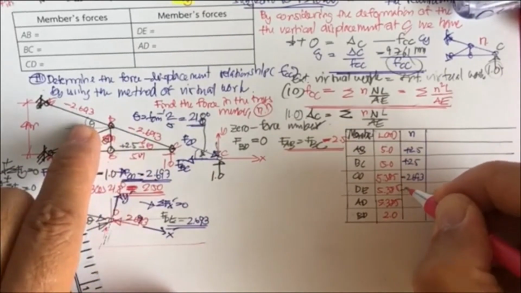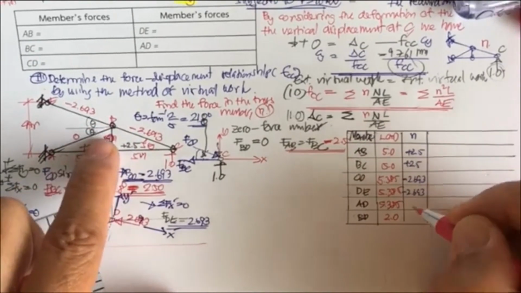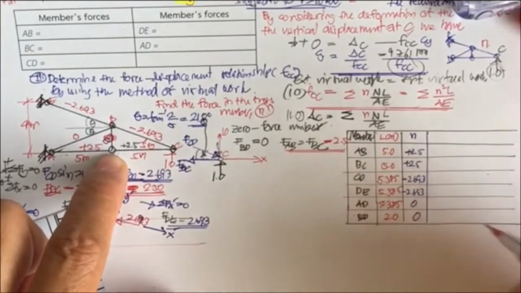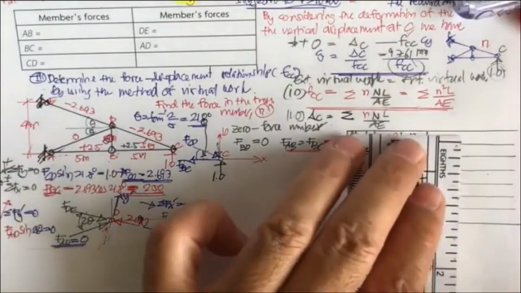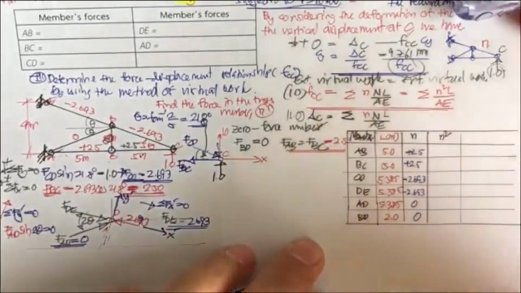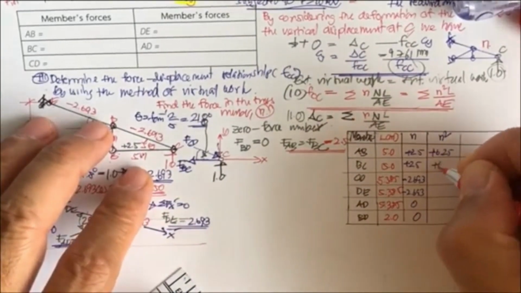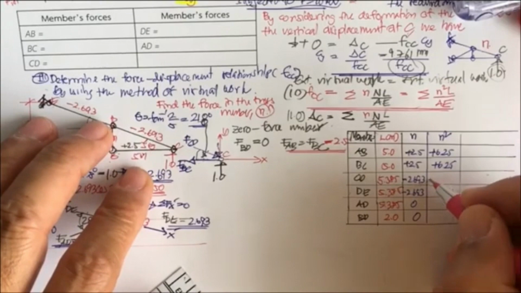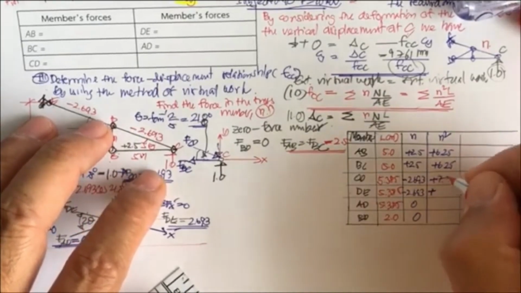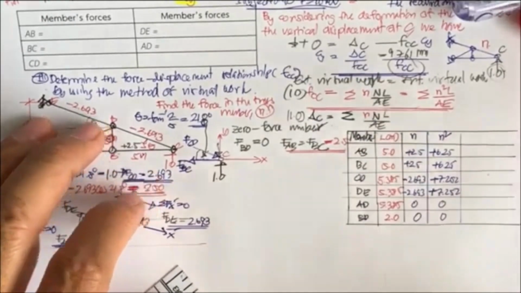DE minus 2.693. AD is here, is 0. Okay, BD is 0. Okay, and then you may determine the n square if you like. This is n square. This is plus 6.25, plus 6.25. This is also plus 7.252, 7.252. And this is 0, 0.